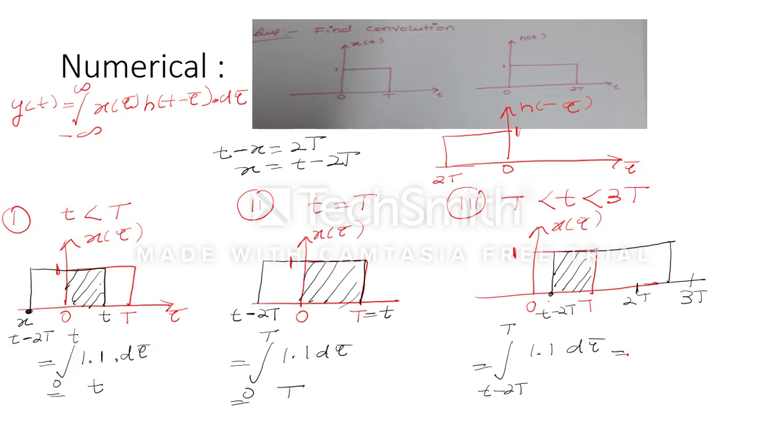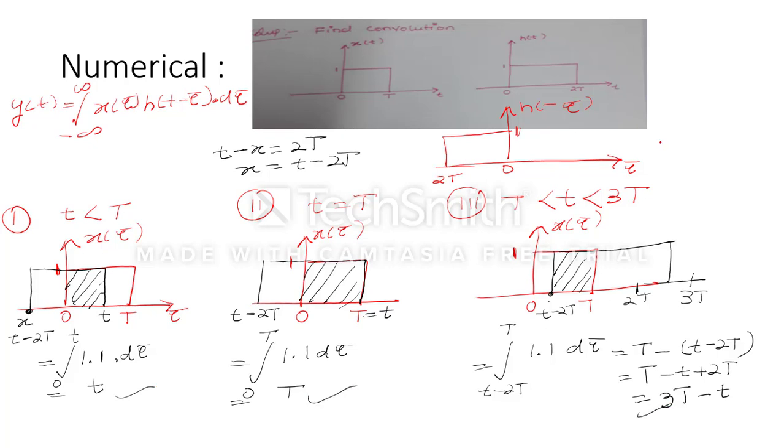And the third value will be upper limit minus lower limit, that is T minus (t minus 2T). So it will be T minus t plus 2T, so it will be 3T minus t. Because we have to calculate the total overlapping area, we have to add the three values.